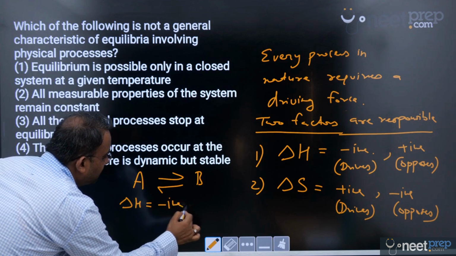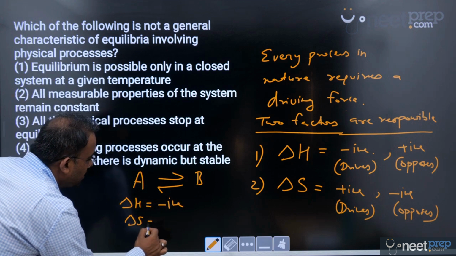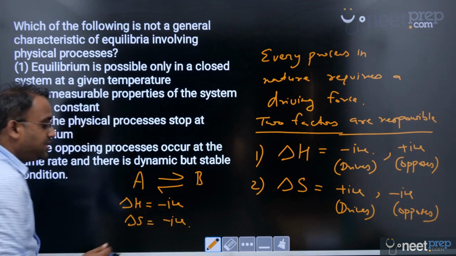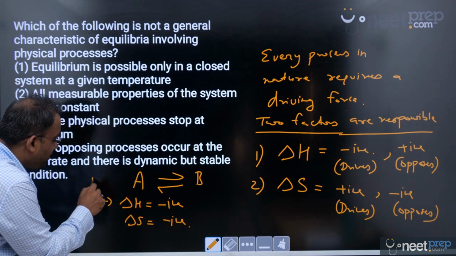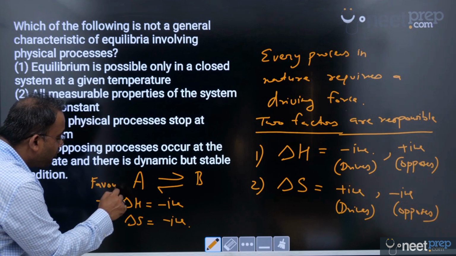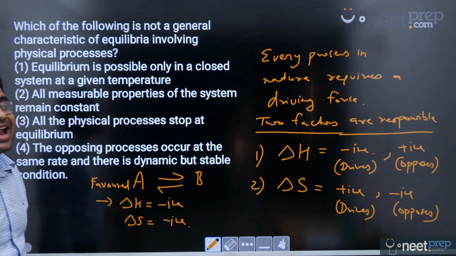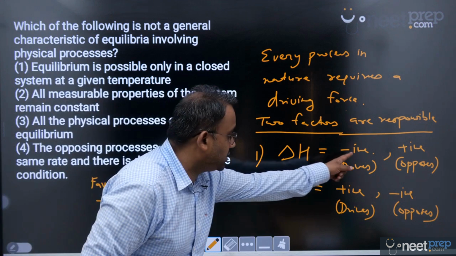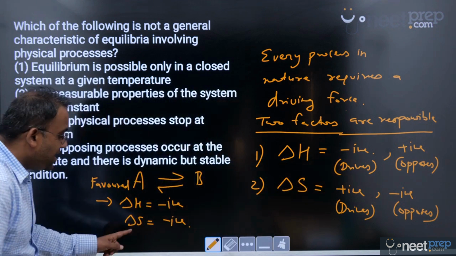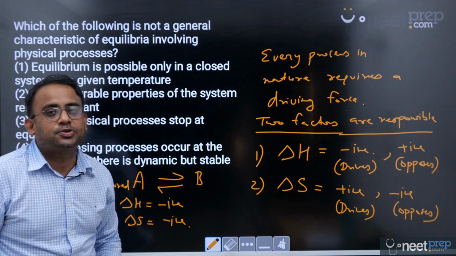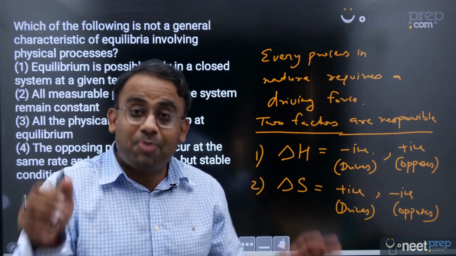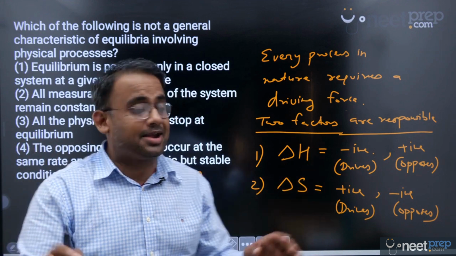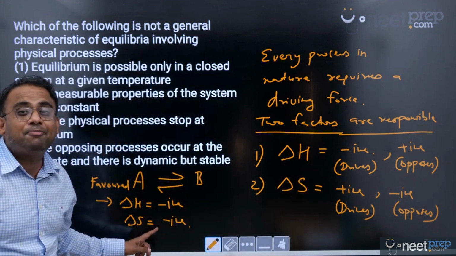Let's say this happens to be the case for this process: delta H is negative and delta S is also negative. This means, students, that the forward process is favored by delta H. It is driving the process. Now delta S is negative for the forward process, which means it is opposing the forward process, but it also means it is favoring the backward process.